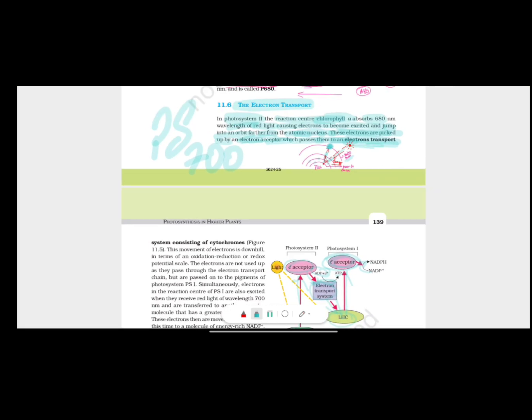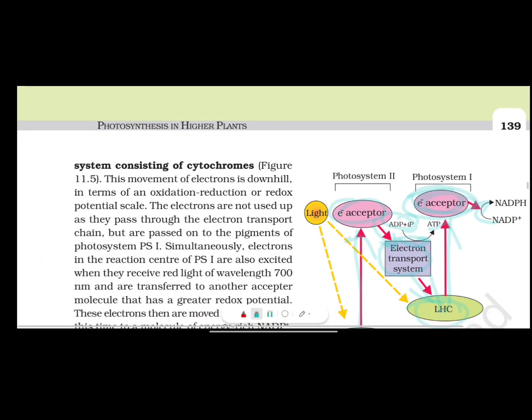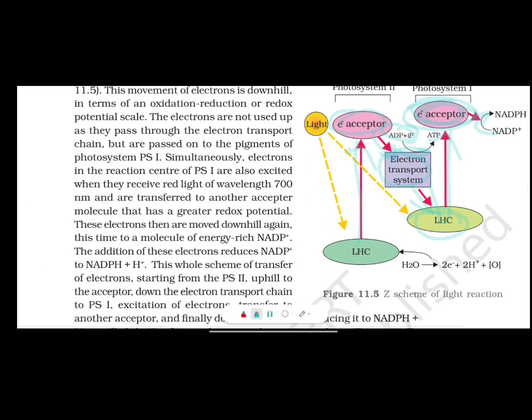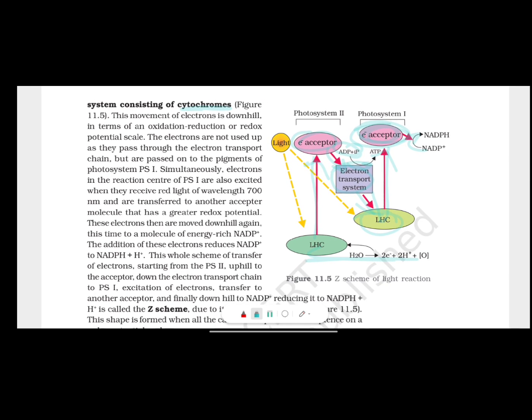It passes them to the electron transport system consisting of cytochromes, which are shown over here. This movement of electrons is downhill. See carefully, this reaction goes from here up and then down.